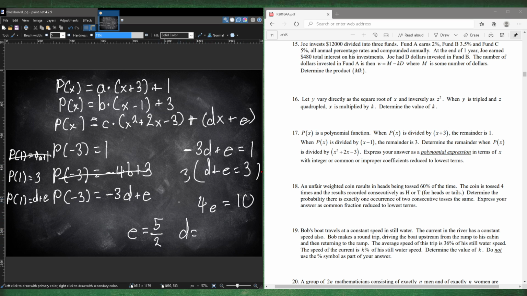Well, if we plug in 5 over 2 back into the equation, 3 minus 5 over 2 is 1 half. So d is equal to 1 half. Okay, so now we found our values for our dx plus e. So that's got to be our remainder. So it's got to be 1 half x plus 5 over 2. And that's it for number 17.